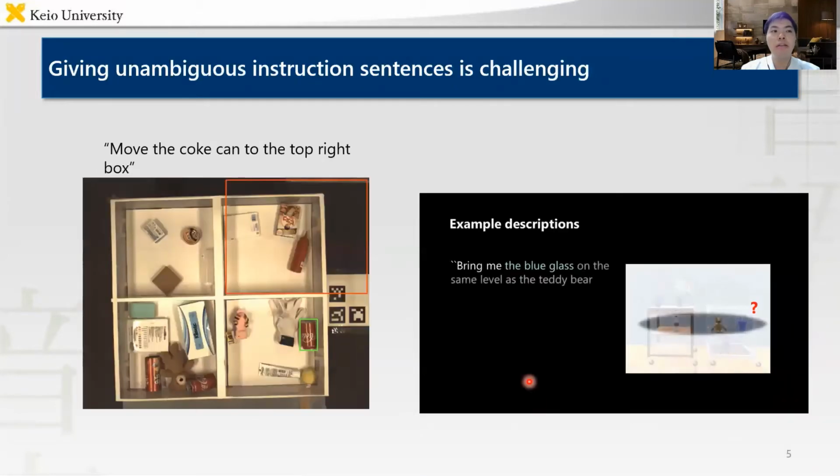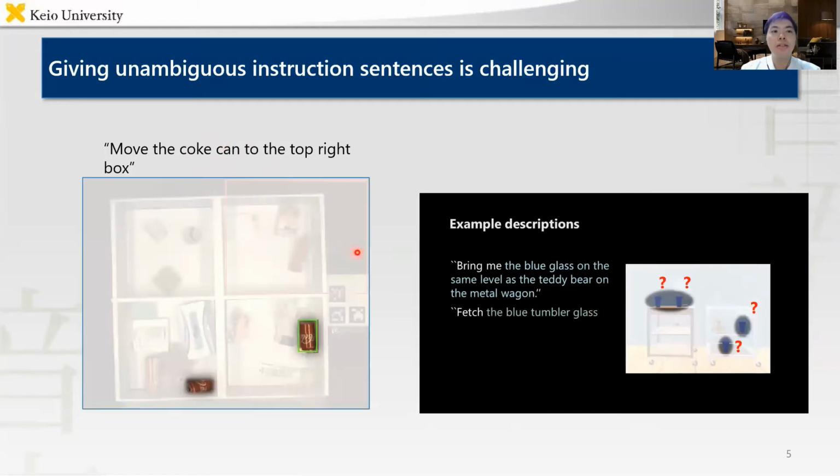The difficulty with the FIG task is that it requires the generation of instructions with clear reference expressions. For example, in this figure, the target object is the coke can in the bottom right corner. But this instruction is not clear enough. This is because there are two coke cans in this image, and it is impossible to identify which one is the target object only by this sentence.